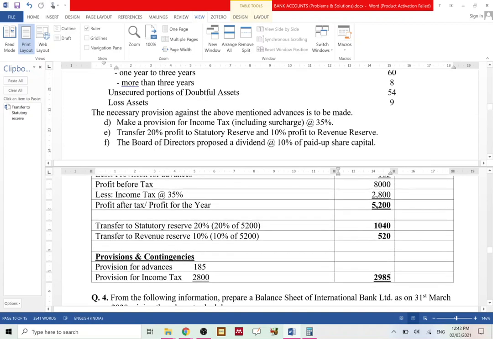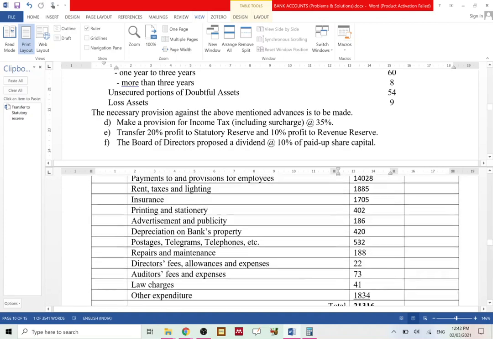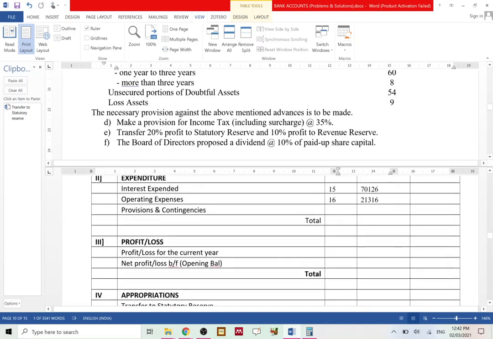Now let's move all these items or post them back to the profit and loss account. So provisions and contingencies, remember, is this amount 2,985. Come back to your profit and loss account, and under provisions and contingencies we write 2,985.